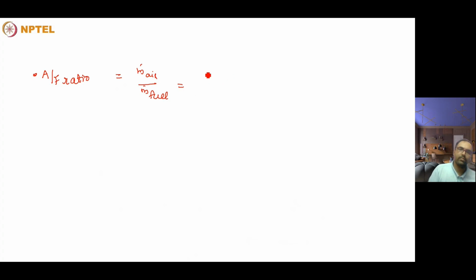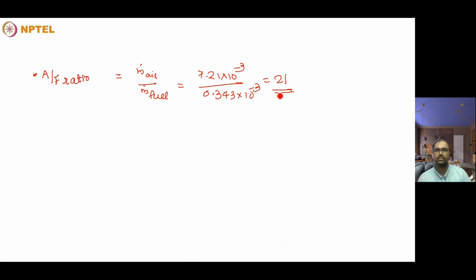That will be equal to 7.21 into 10 power minus 3 divided by 0.343 into 10 power minus 3, equal to 20. Since this is an air-cooled engine, it can be considered to be lean operating conditions.